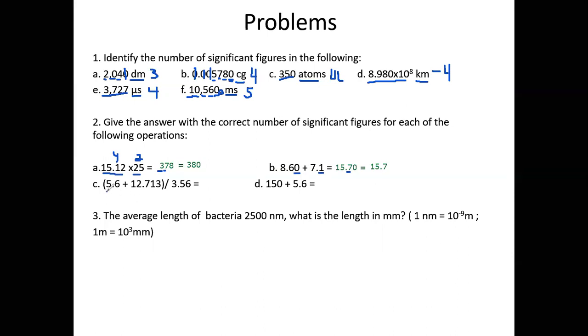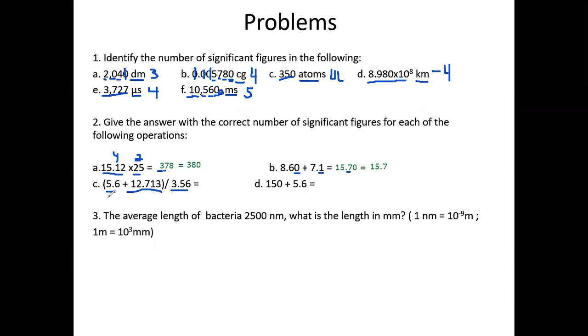Next, you see that we have a combination of addition and subtraction and multiplication and division. So when you have something like this, you need to do the operations, but all you do to round is round to the number of significant figures of the one with the fewest significant figures of the original numbers.